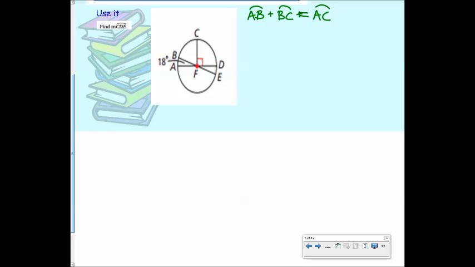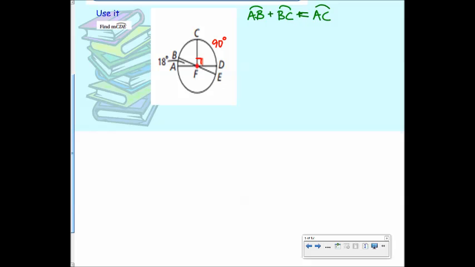Wouldn't DE be CD adjacent equals 90? DE is adjacent to CD, that's true. CD equals 90. How do you know that? Yeah, this red square tells you how big this angle is. And if the angle is 90, then this needs to be 90 degrees.